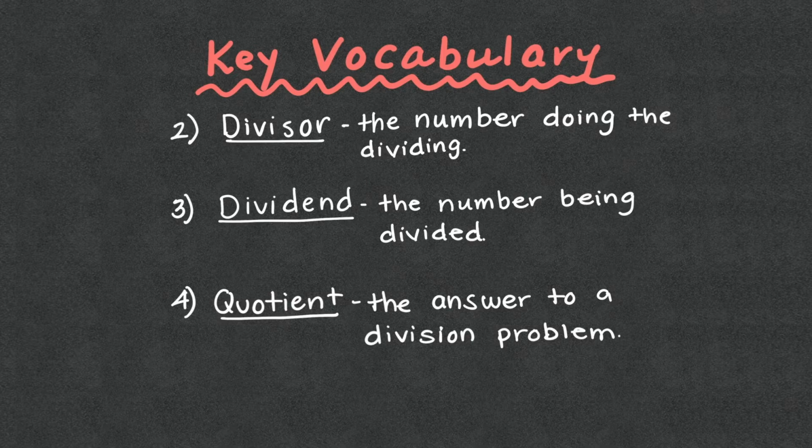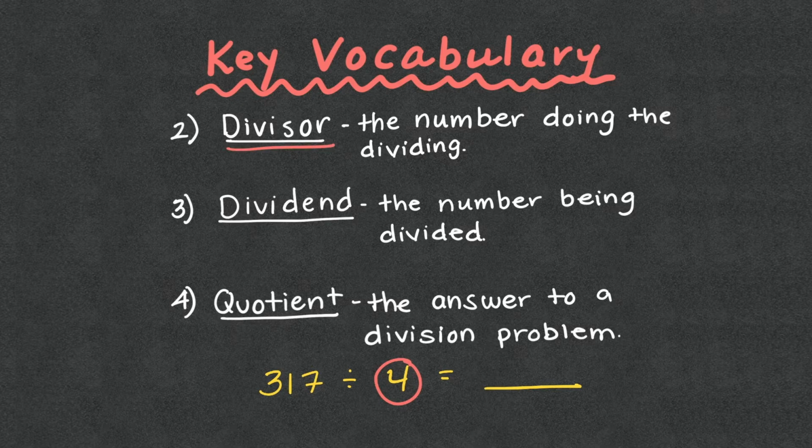Other key vocabulary words are all related to the same idea. We have the word divisor, which is the number doing the dividing, the dividend, the number being divided, and the quotient, which is the answer to a division problem. If we took a division problem, let's say 317 divided by 4, and that was equal to something, our divisor, the number doing the dividing, would be 4.